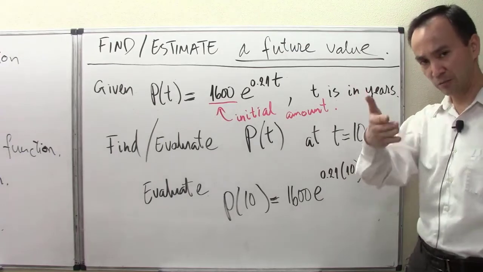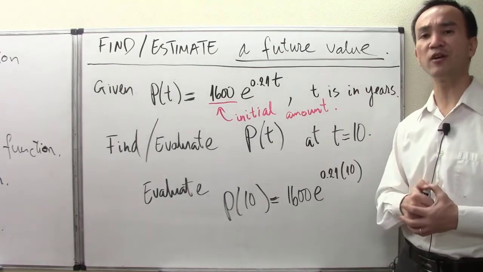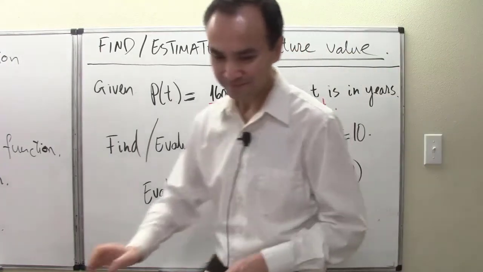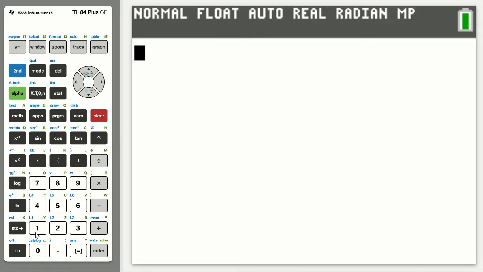I already had the function set up with t equals 10 substituted. So I'm just going to swing over to the computer station and show on screen the calculation with my TI calculator. All right, here we are on a standard TI calculator. All we have to do is 1600 times, and on the keypad we're looking at the e to the x function, right above the ln key.